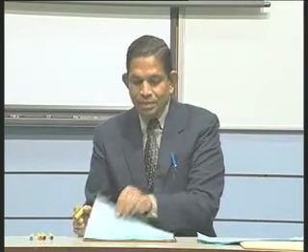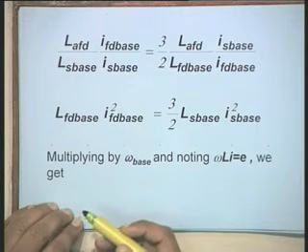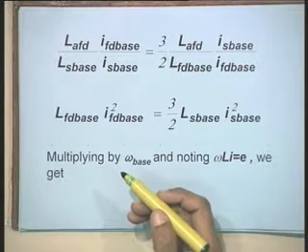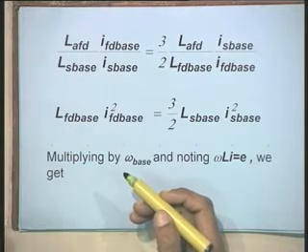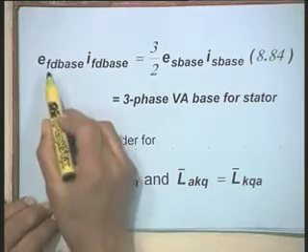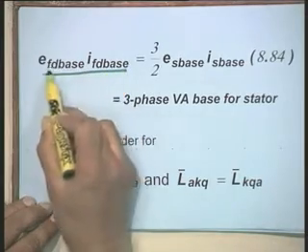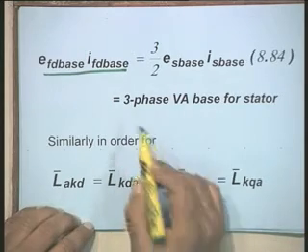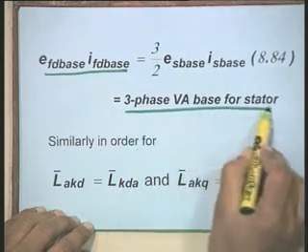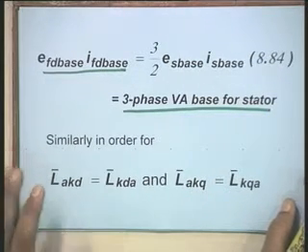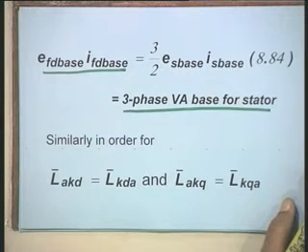Now, when we equate these two terms and follow the same procedure as we have done for the mutual inductance between field and amortiguer, here again we come to a very important result, and that result is that the VI base, that is EFD base into IFD base, the VI base in the field circuit comes out to be equal to the 3-phase VA base for the stator.